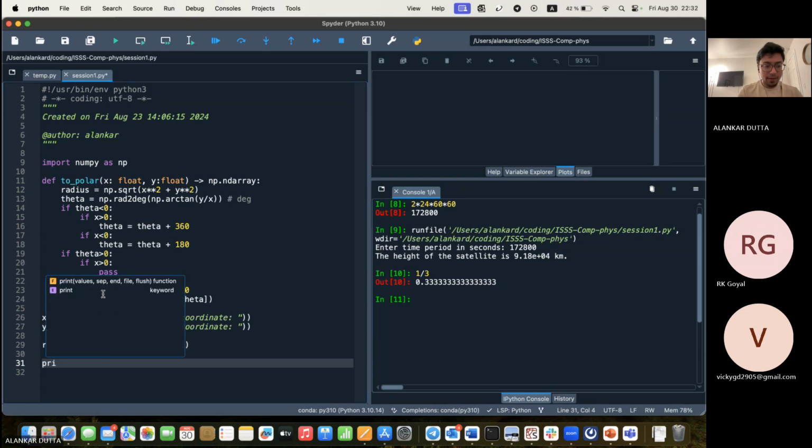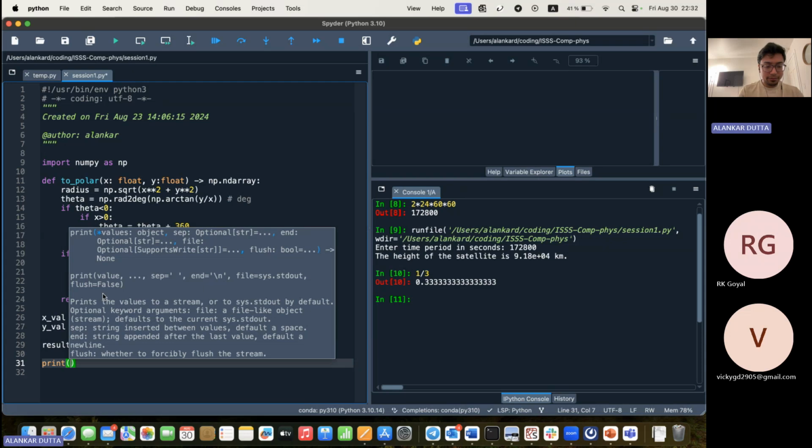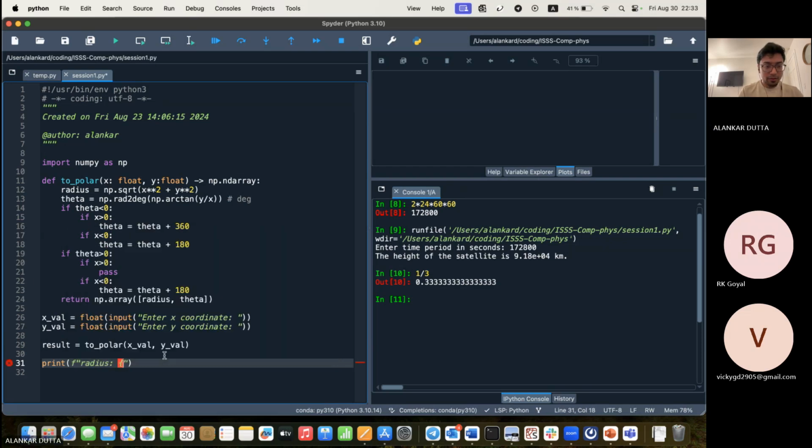And then print, let's say, radius is something in curly braces, which is, we know that the 0th element is radius, and theta is, sorry, theta is your result 1, and now let's give the type specifier.